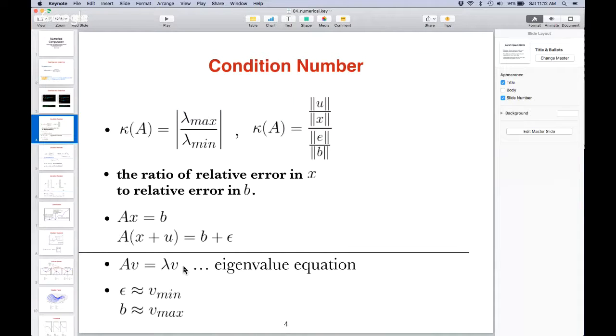And in such a system, you will have n many eigenvalues and corresponding eigenvectors.